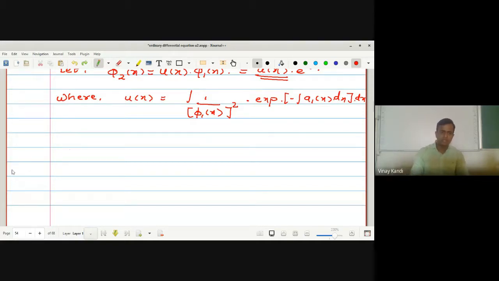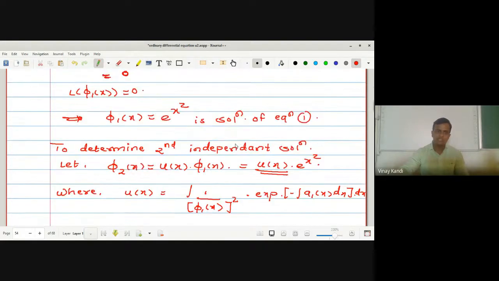Find the u of x. u of x is equal to integration 1 upon phi 1, which is e raised to x square, whole bracket square, into exponential of bracket minus what is a1?